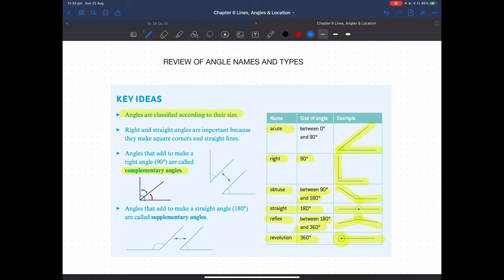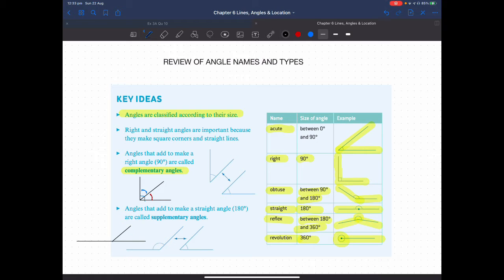Similarly, when angles are supplementary angles, they add up to equal 180 degrees. So I'll do this visually again. I'm going to draw a line in. Now I'm going to draw another line.